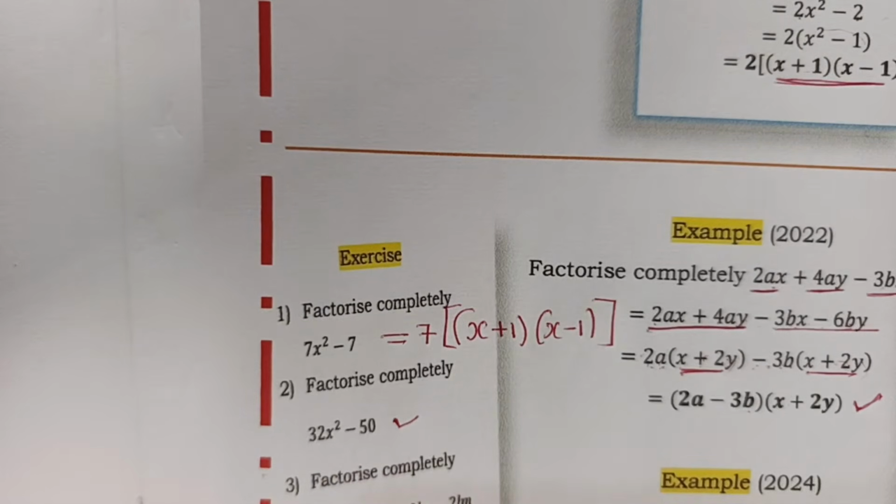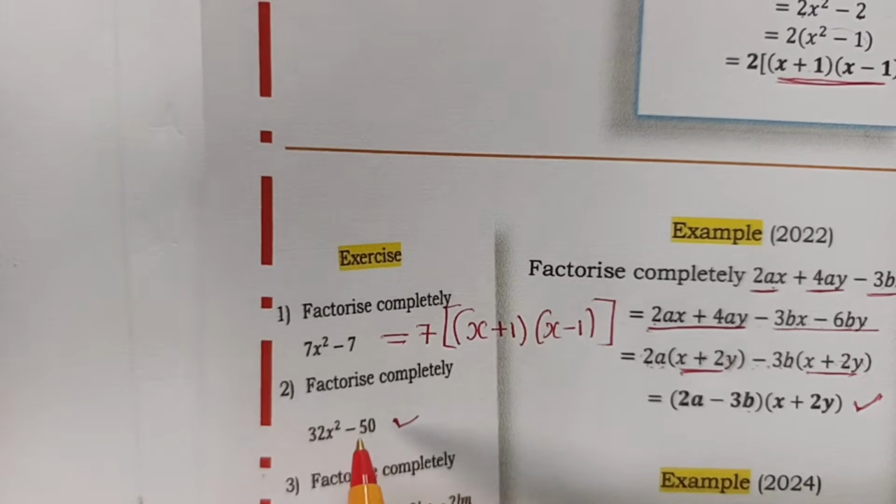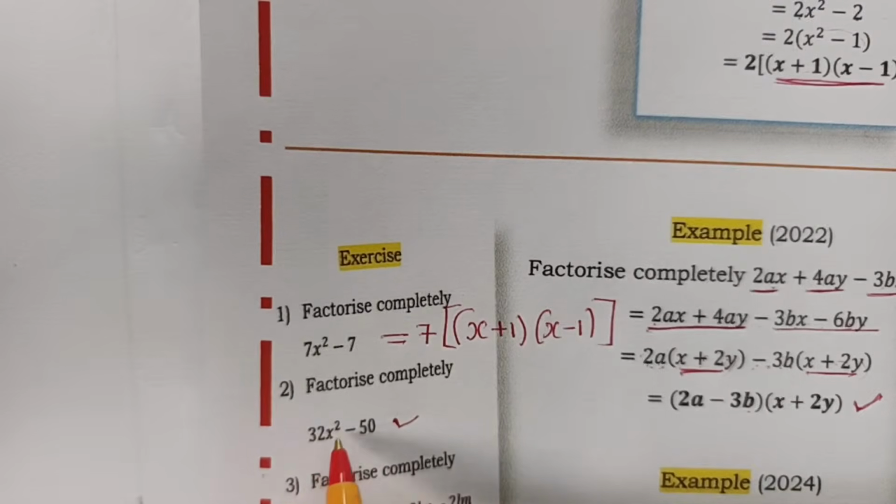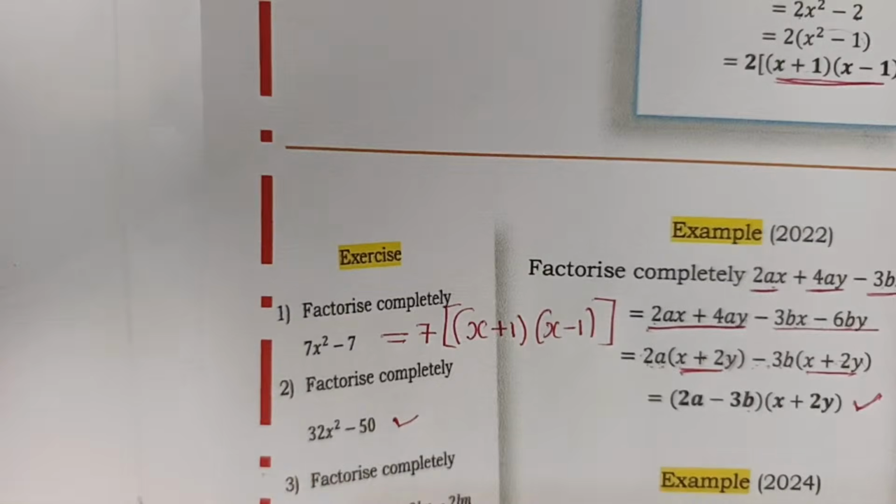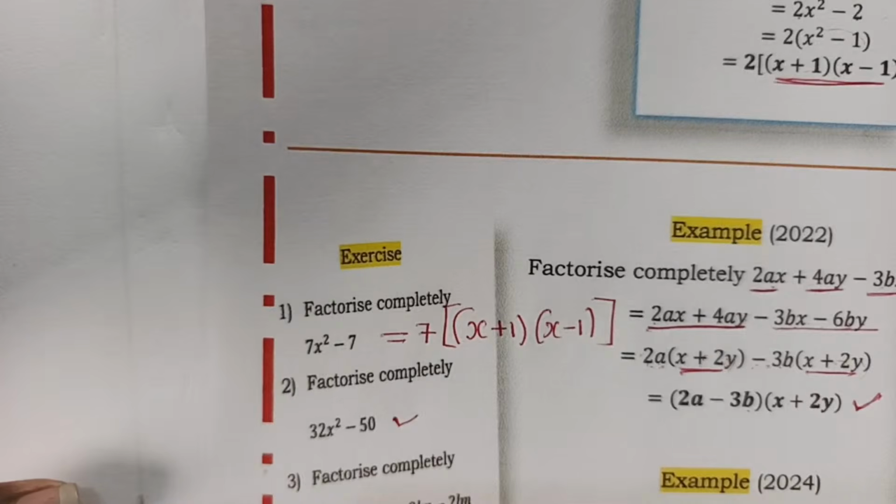Put it in the comment section. Yes, this is 50. So this is 32x squared minus 50 right here. Factorize completely. What answer is somebody getting right here? What answer are you getting, guys?